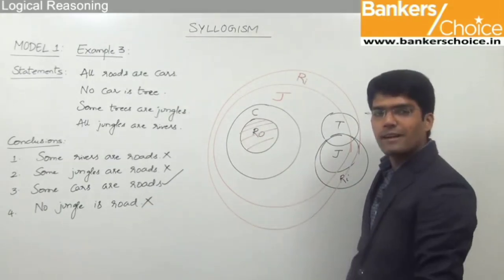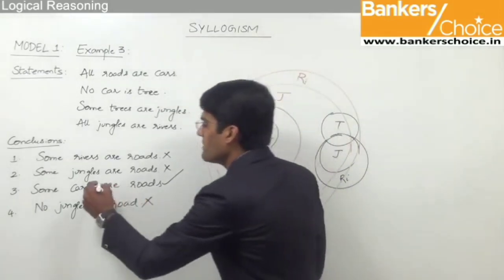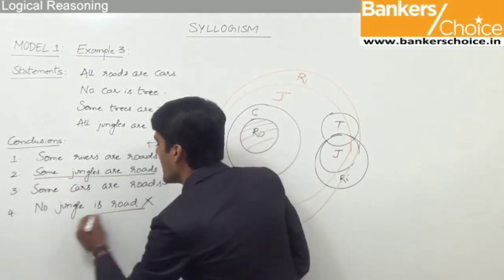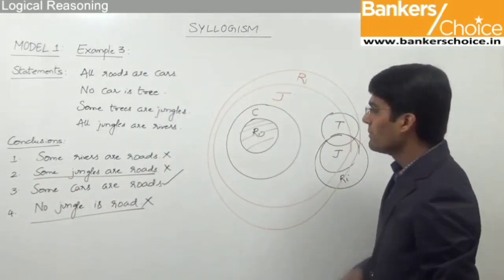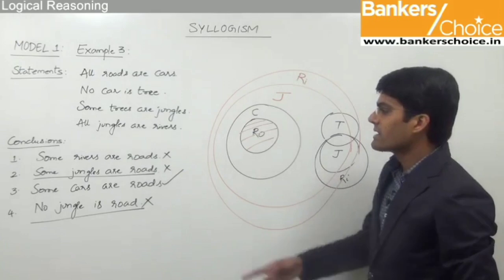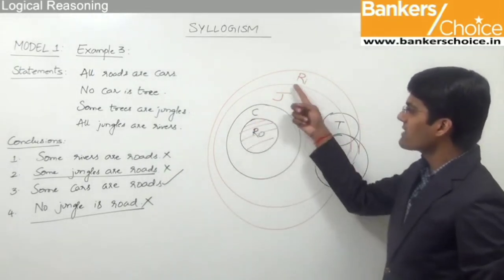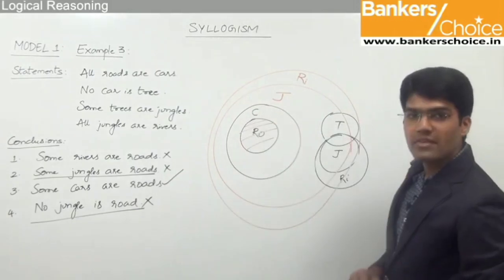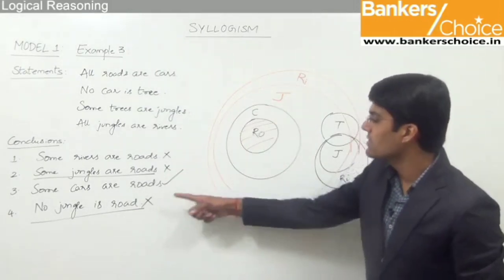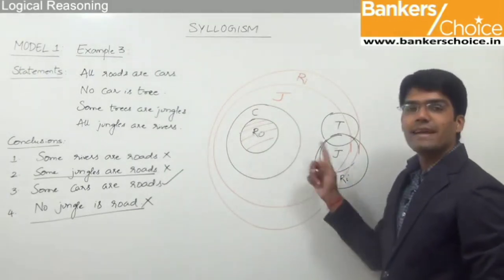Now before we mark the final answer, we need to take care of the complementary pair. That is, some jungles are roads and no jungle is a road. From these diagrams, we find that some jungles are roads is possible in the second diagram because some of the jungles are roads, as we can see here, and no jungle is a road is possible in the basic diagram.